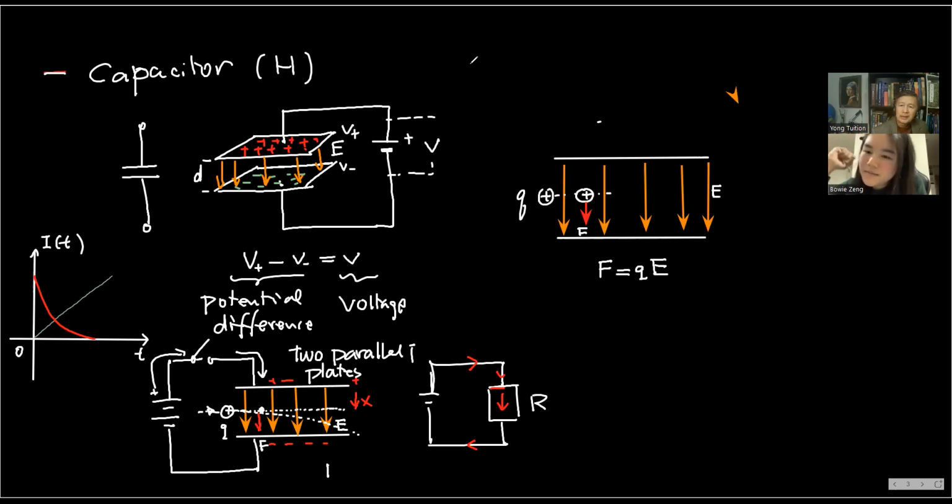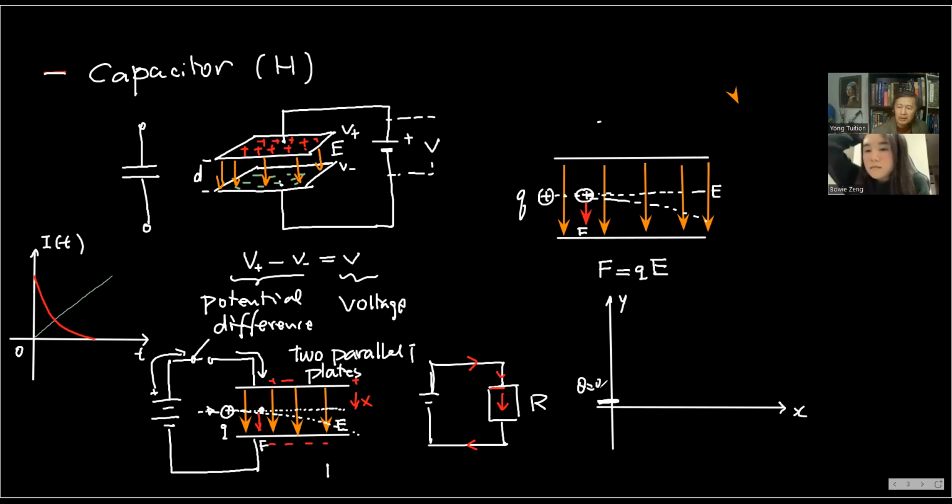So the motion of this positive charged particle will be the same as projectile motion near the surface of the Earth. Have you started projectile motion now? Yes. If this is the y direction, this is the x direction, and in this case we assume theta equals 0, that's called horizontal projection.